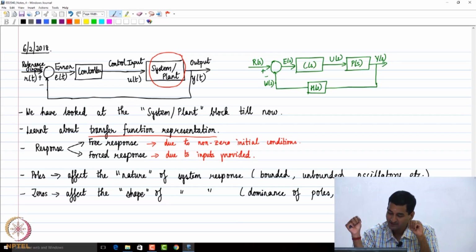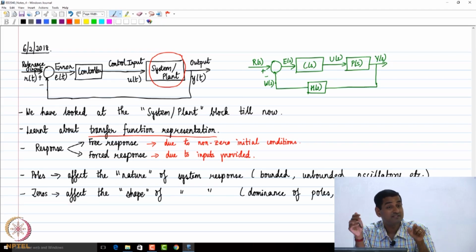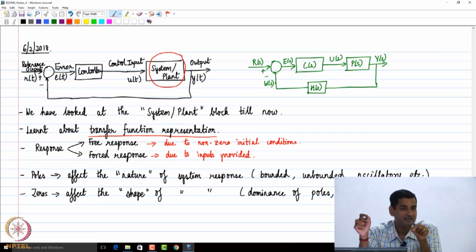And zeros, as we have seen, affect the dynamic response by influencing the residues. What are residues? Residues are those coefficients which multiply the exponential terms, right? So zeros affect the magnitude of the residue and also the sign of the residue, as we have seen through some examples.